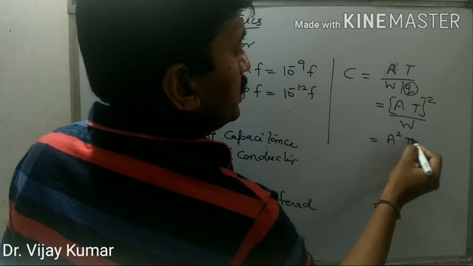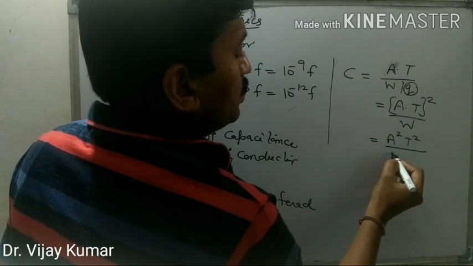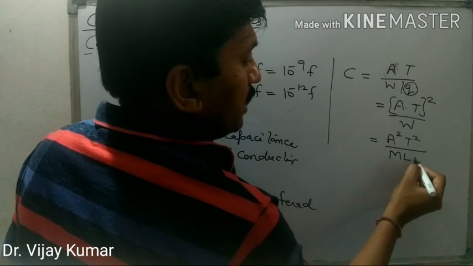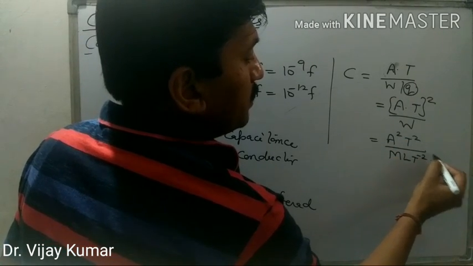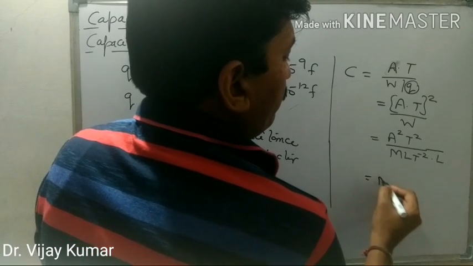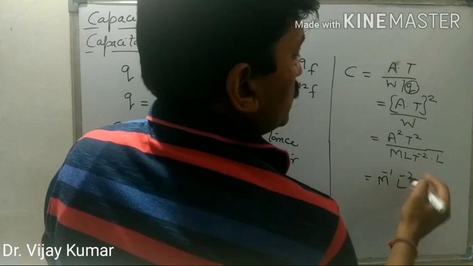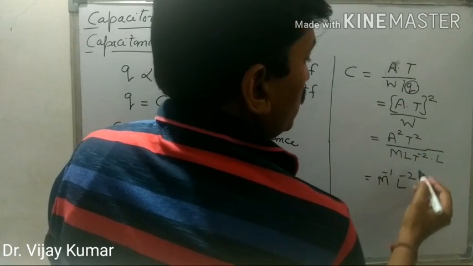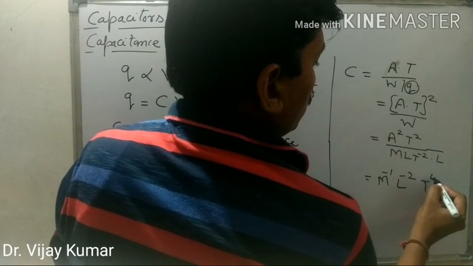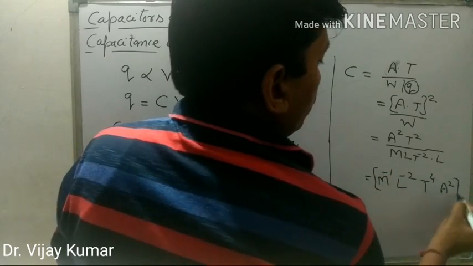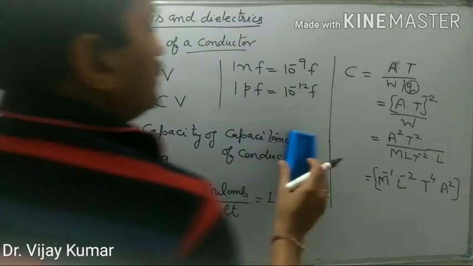A square T square, work done means force into displacement. Dimensional formula of force is M L T to the power minus 2 and displacement is L. M inverse L to the power minus 2 T to the power 4 A square. It would be the dimensional formula of capacitance.